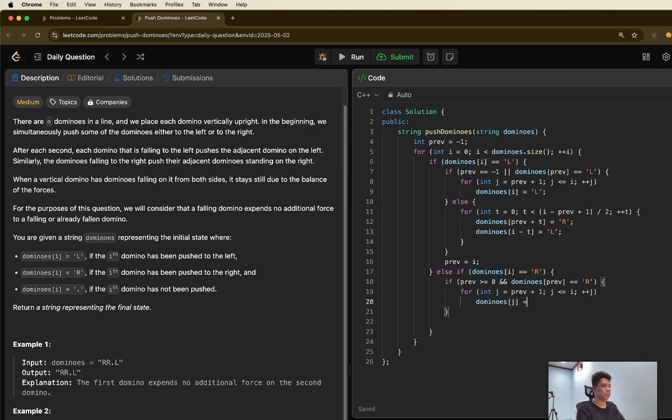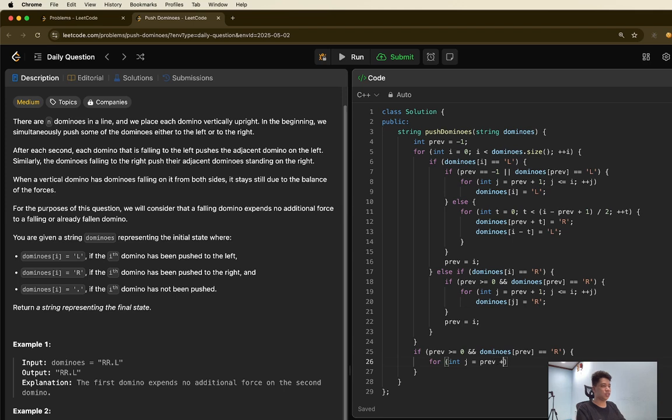Dominoes Z equal to R. Okay, previously equal to E, and the last case, if the last element is R. Okay, if the last element is R, then the rest is R, because if the last Dominoes is R, then it falls to the right, and the right element is falling down too.